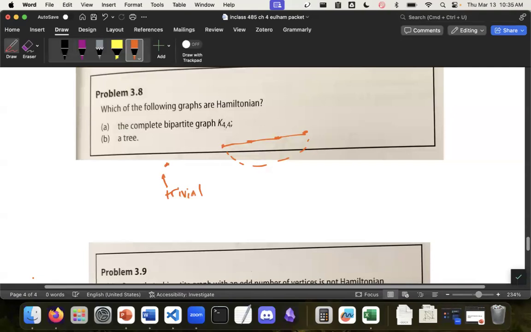I didn't give you guys a lot of time to chat. Do you want a few more seconds? Okay, now let's spend 30 seconds drawing K4 so I can spend 5 seconds talking about it. Or K4,4. So why is it Hamiltonian?